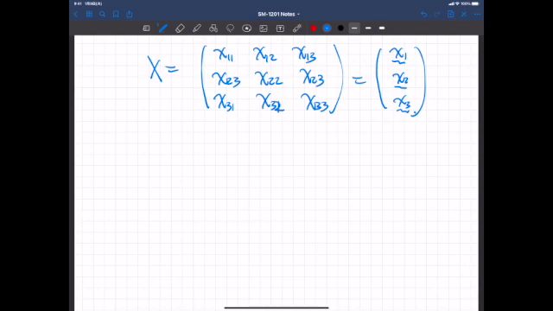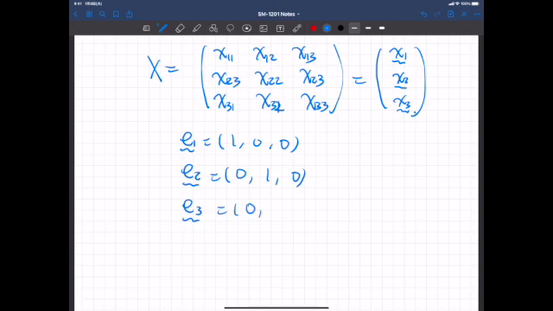Then let us define the following unit vectors. So e1 is 1, 0, 0, and e2 is 0, 1, 0, and e3 is 0, 0, 1.